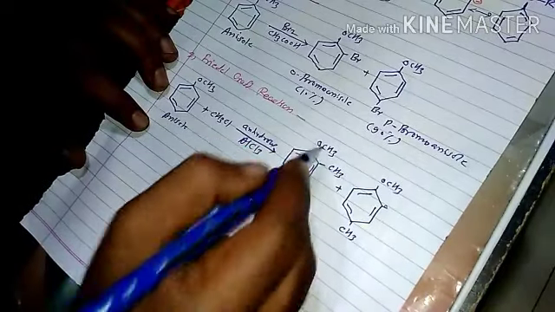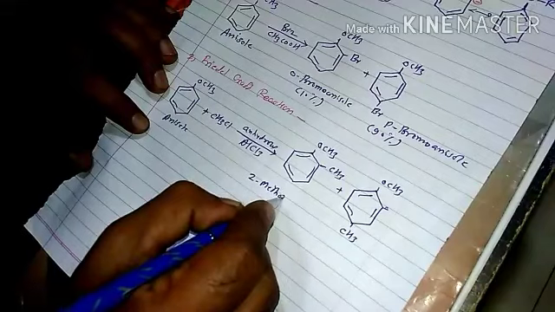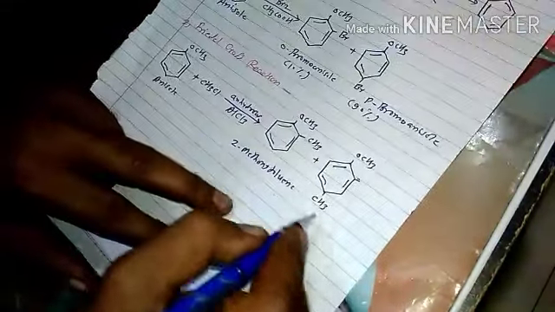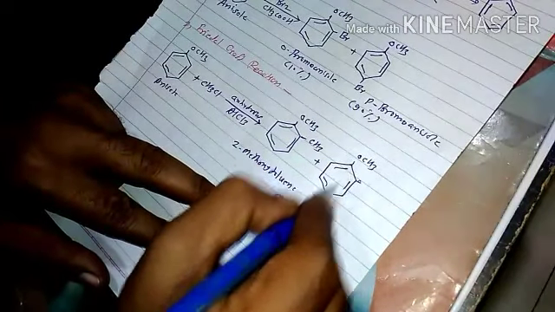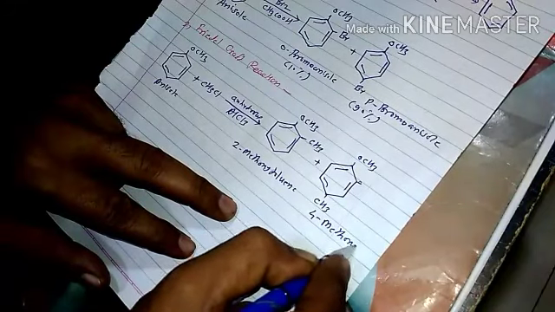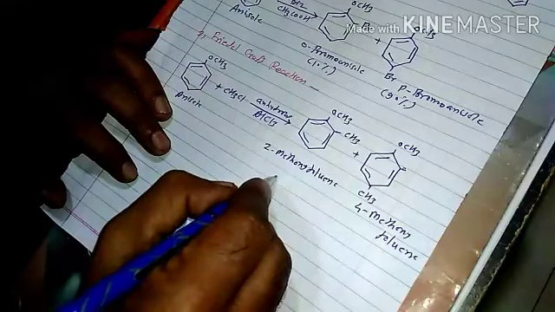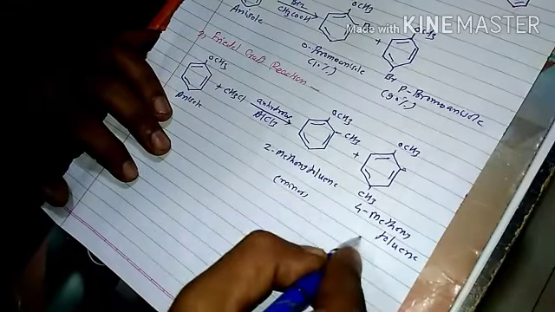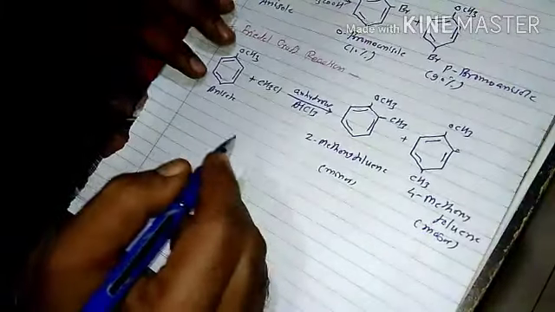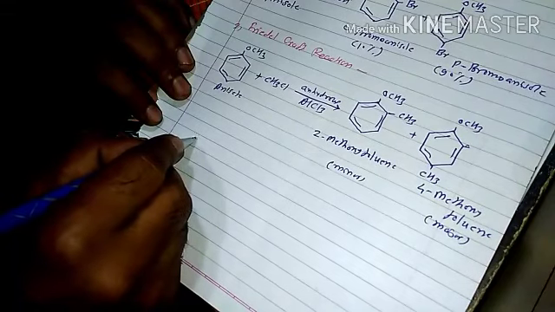This is a methoxy group, so 2-methoxy toluene is the name of this compound, and here with respect to this it is the fourth position, so 4-methoxy toluene is the name of this compound. Now here again, this is the minor product, this is the major product, meaning this molecule forms more.